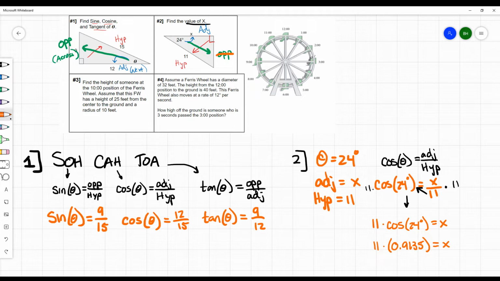And so whenever you have a complete decimal value, or as complete as you can, I would always use that. Okay. And then I'm just going to press the multiplication button times 11 on my calculator, and I get 10.049, but I'm going to round that up to 10.05 equals x. And that is my final answer for this piece.